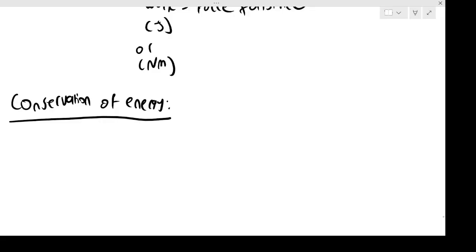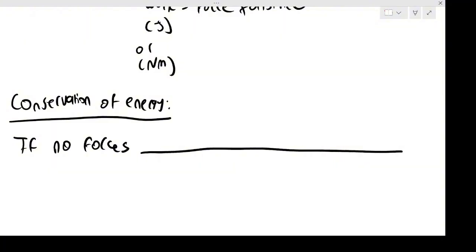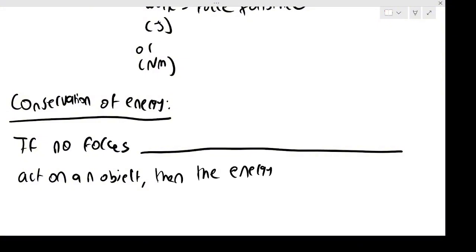So what I'm going to say is if no forces, and I'm going to leave this blank and add on to that in a minute. If no forces act on an object moving, then the energy of the object remains the same.